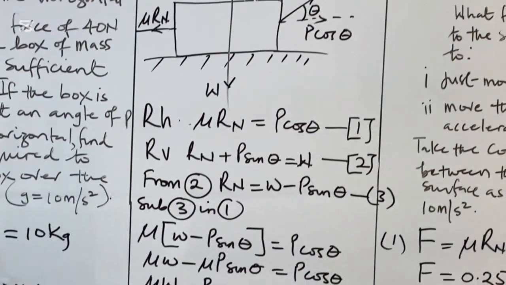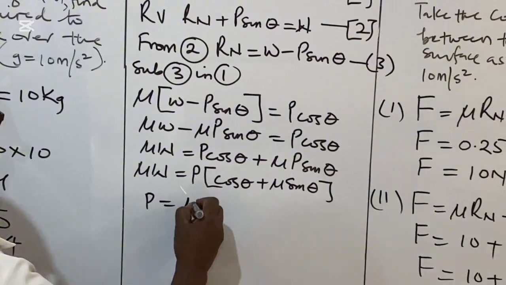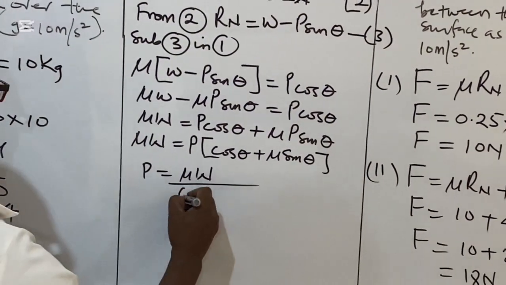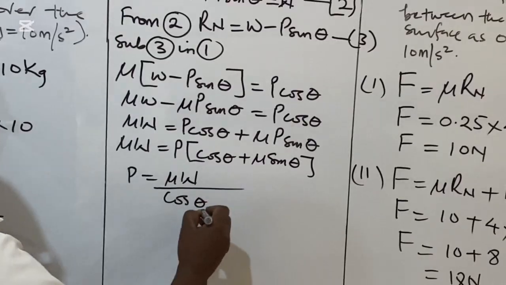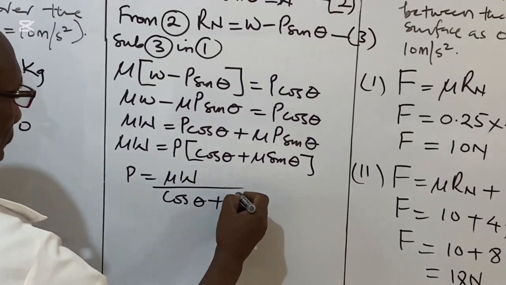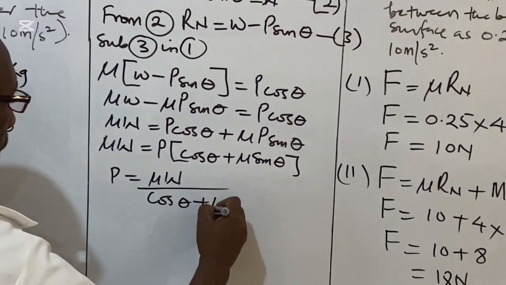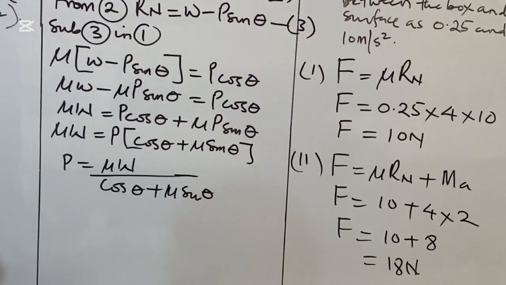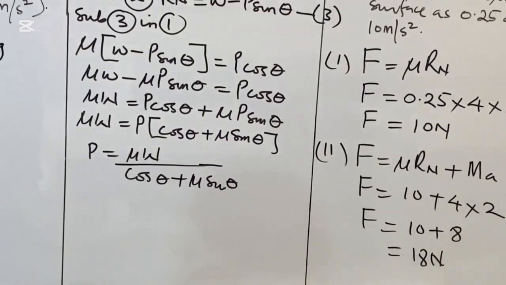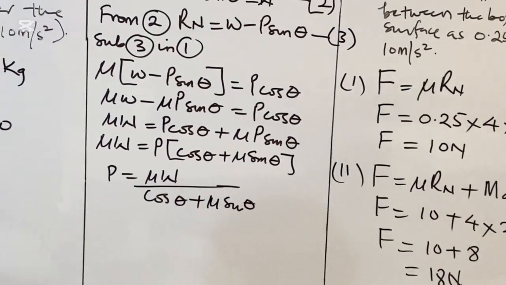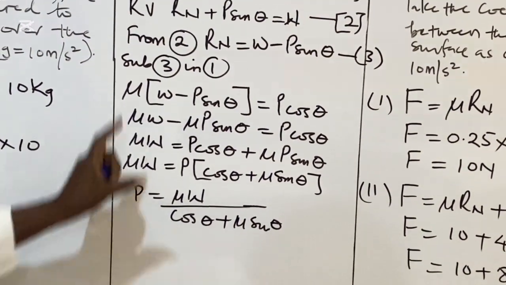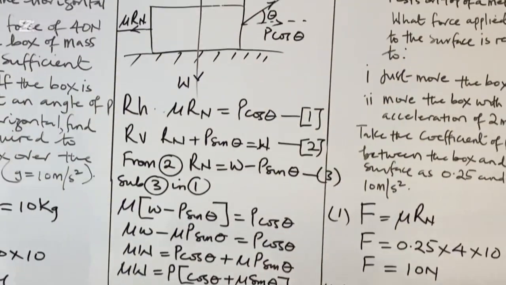P is equal to mu W all over cos theta plus mu sine theta. That gives me the equation required to pull this body towards the right.